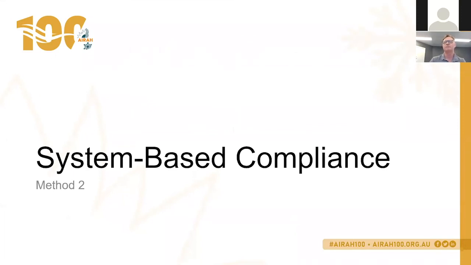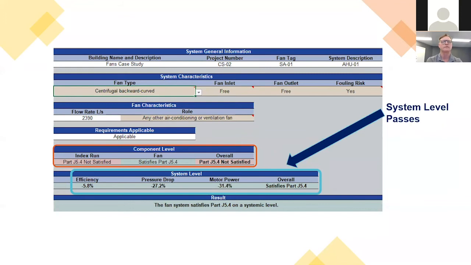So if we look at a system-based approach, we can have at the component level, say the index run of the ductwork and the fan system, a non-compliance, but the fan itself will be compliant, and that's because we've got a higher efficiency fan. And overall at a component level, because component level assessment requires both the index run and the fan to comply, we show an overall non-compliance.